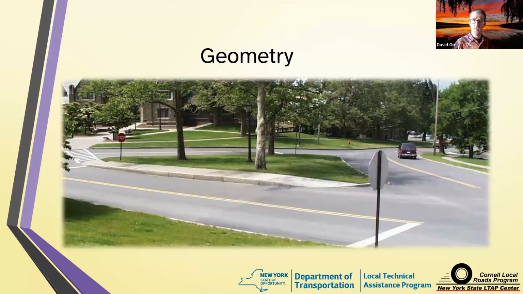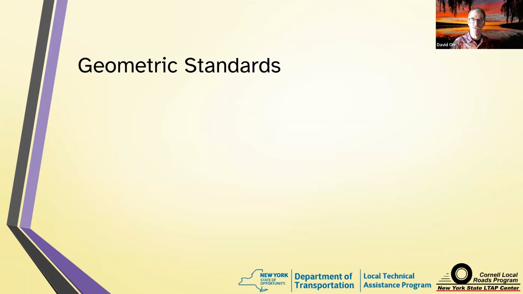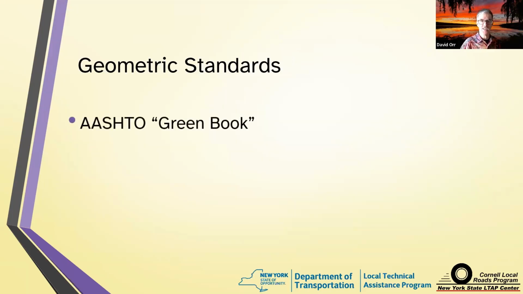A lot of the things we can do to help are to improve geometries. And we can get some really odd geometries, especially in our older communities in New York City and Albany and Ithaca, all kinds of places as I travel around New York State where older alignments can be very hard to fix. But let's realize there are geometric standards out there. Obviously, there's the AASHTO Green Book, which comes from the old AASHTO yellow and blue books, and now they're green.